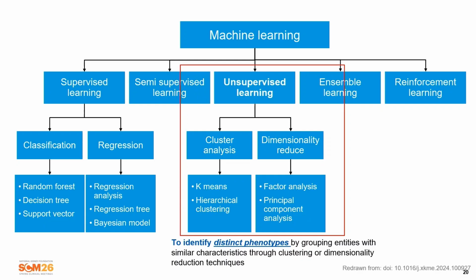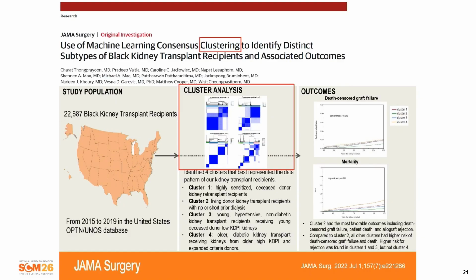But with this type of unsupervised machine learning, we use the computer, the machine, to learn about our patients and group them into distinct subgroups. And in fact, without bias, and it can do that efficiently.